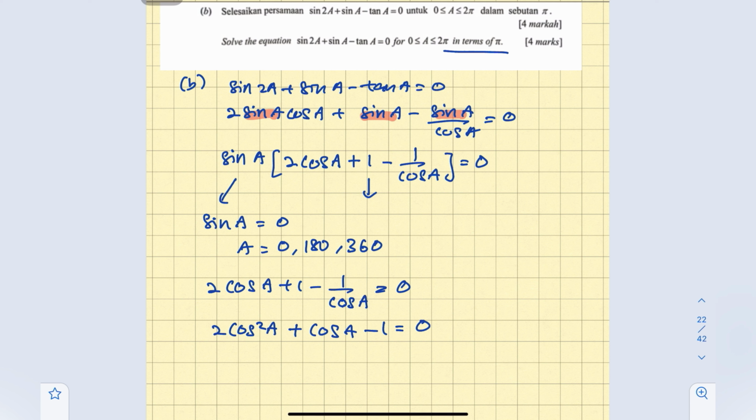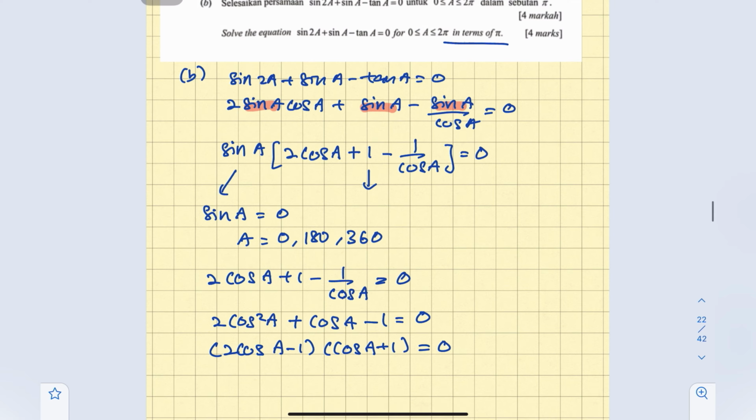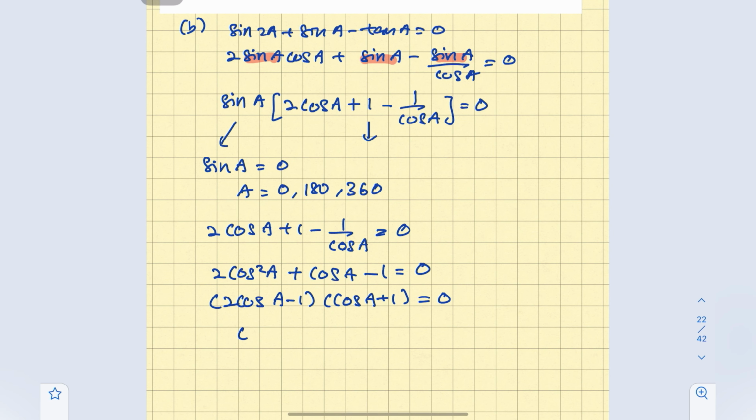Okay, so then this one we can factorize. Become 2 cos a minus 1 and cos a plus 1 equals to 0. So here cos a equals to 1 over 2 and cos a equals to negative 1.